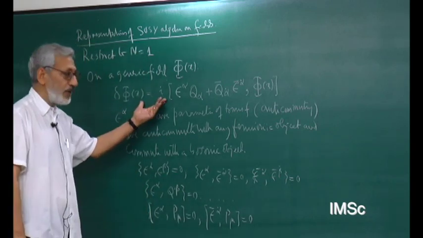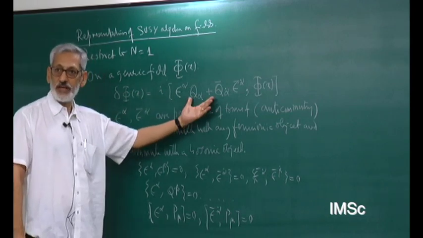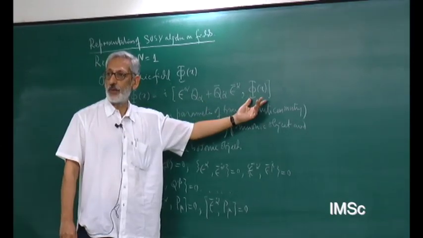This is the standard way we write a change of a field under a symmetry operation: the generator of the symmetry operation, commutator of that with the field operator.